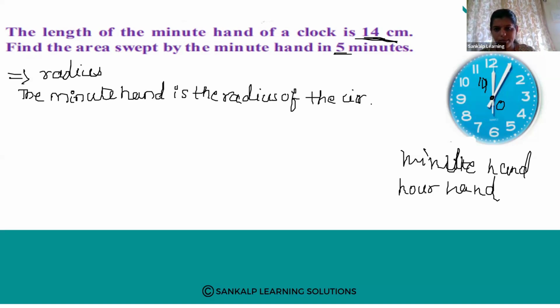R is radius. R is 14 centimeter, they have given. Find the area swept by the minute hand in 5 minutes.